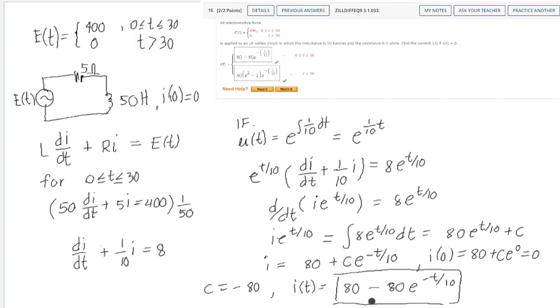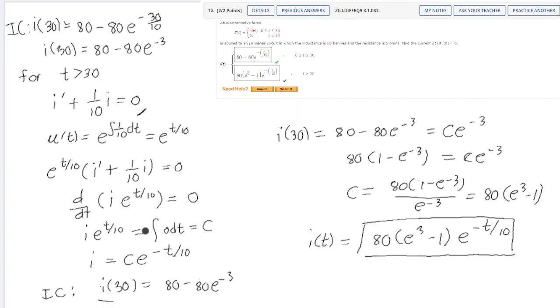So for I(30), we just substitute 30 for t, and negative 30 over 10 is just negative 3. That's why we have I(30) is just 80 minus 80 e to the negative 3.